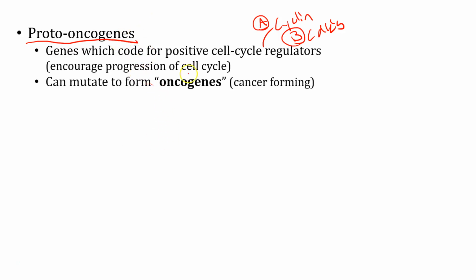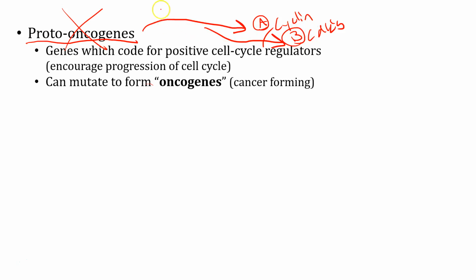A normal proto-oncogene can get messed up somehow, whether by sunlight hitting the DNA or some random chemical causing a mutation in that gene. Then it's probably no longer producing cyclins and CDKs that work as they ought to.